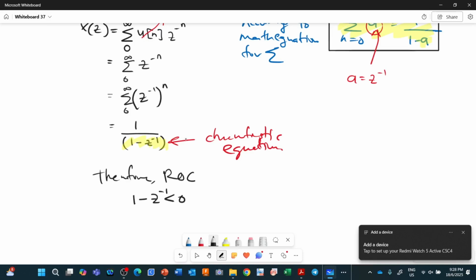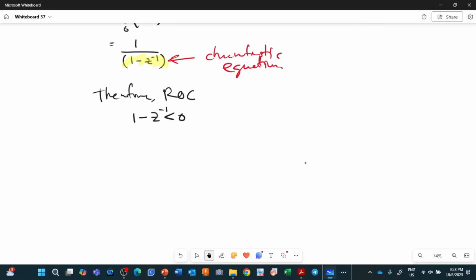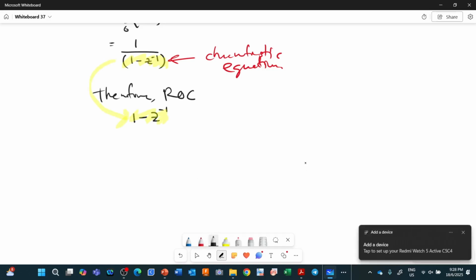This one is fixed: whatever characteristic equation you have, less than 0. Can you follow? This is the characteristic equation just now, so less than 0. That's how you write it to find the ROC.